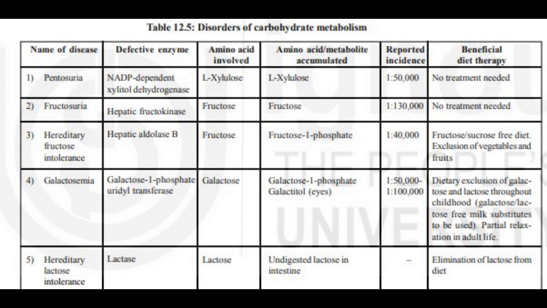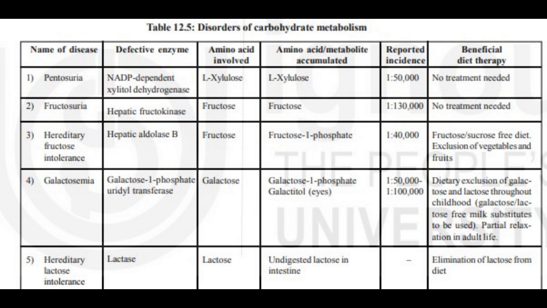Table 12.6, Clinical Symptoms of Disorders of Carbohydrate Metabolism. Name of Disease, Clinical Symptoms. 1. Pentosuria. No symptoms. Condition compatible with health and well-being. 2. Fructosuria. No clinical symptoms reported. Only delayed fructose intolerance reported. 3. Hereditary fructose intolerance. Frequent vomiting, poor feeding, fever, poor growth, pallor, diarrhea, lethargy, jaundice, hepatomegaly, edema, ascites, coma, convulsions. 4.